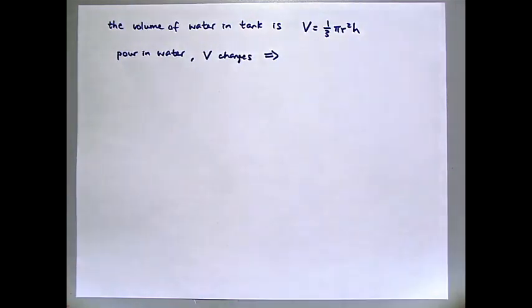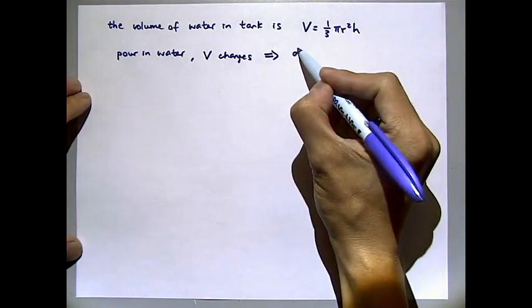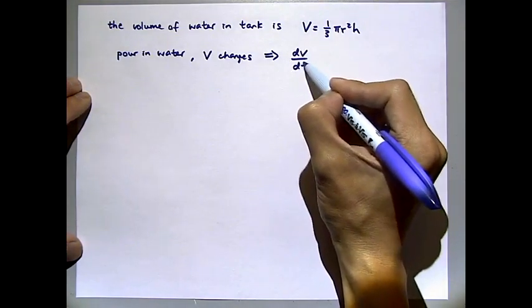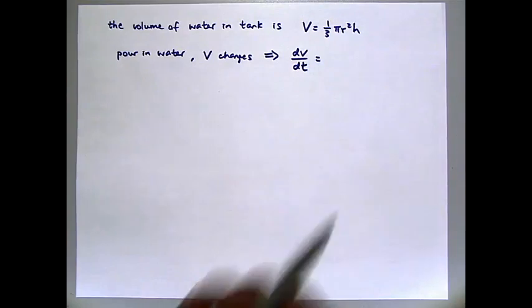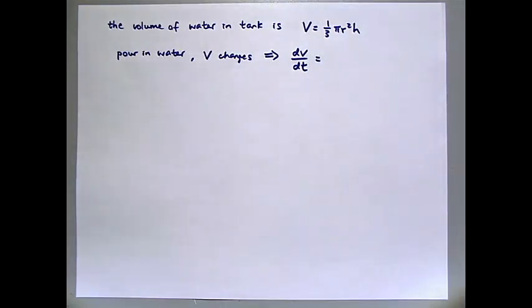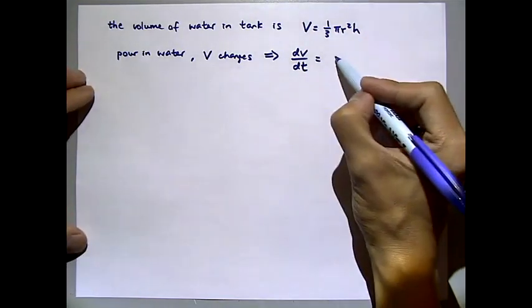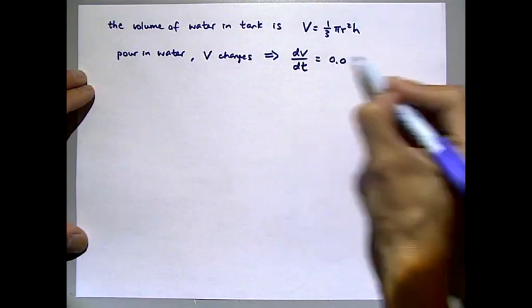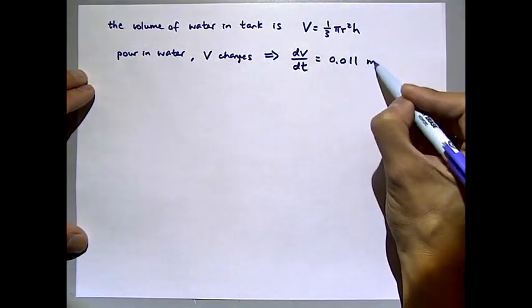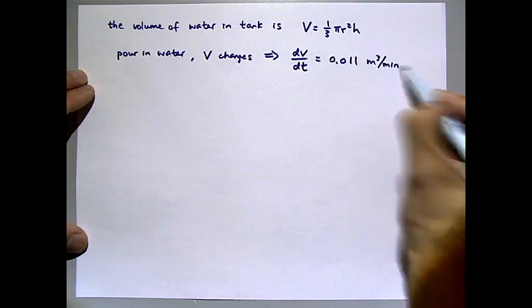If we pour in water, the volume of that green part is going to change. So that is the rate of change of the volume, dV/dt, right? And how fast that volume is changing is how fast we're pouring the water in, 0.011 cubic meters per minute.